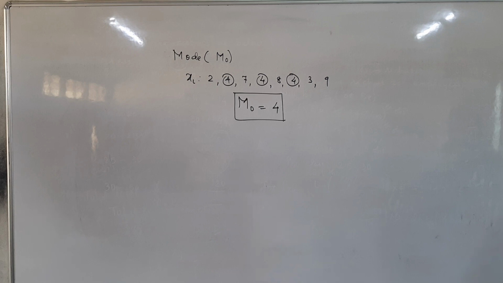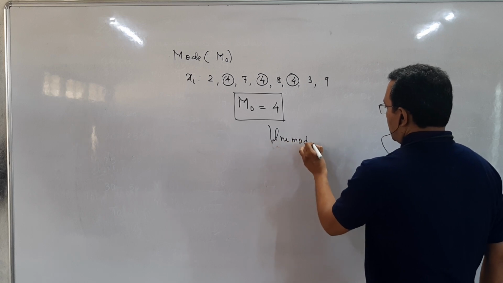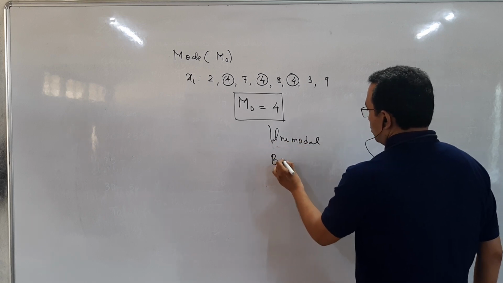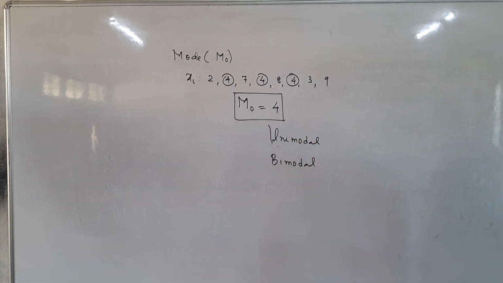A data set having one mode is called unimodal data, and a data set having two modes is called bimodal data. Please be careful, students, the symbol has been changed from Z to M0.